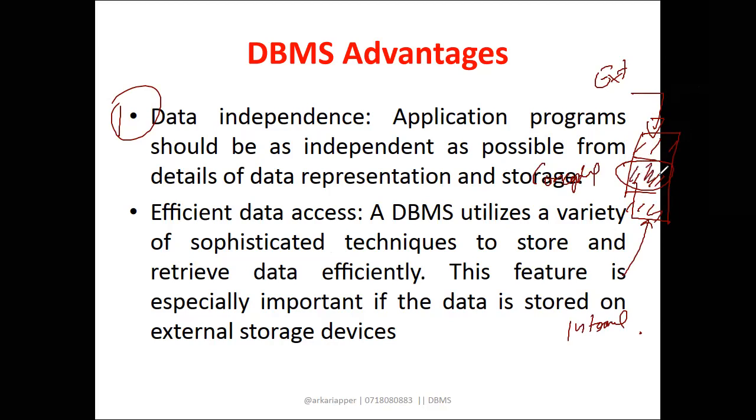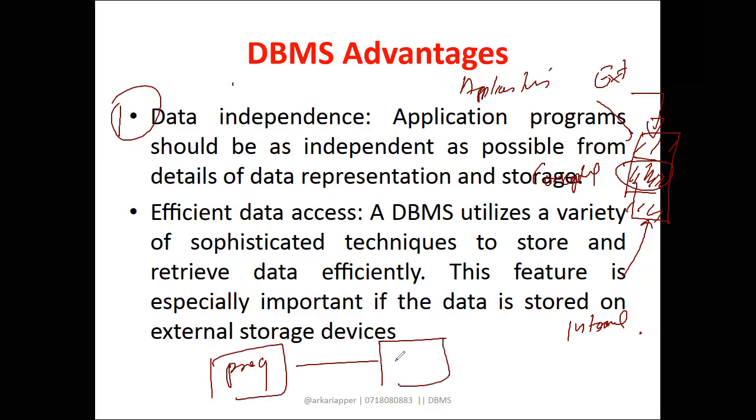In order to access the database, we need some programs, which we call application programs. So in the database management system, we have programs that access the database stored in disk, along with the operating system and hardware.